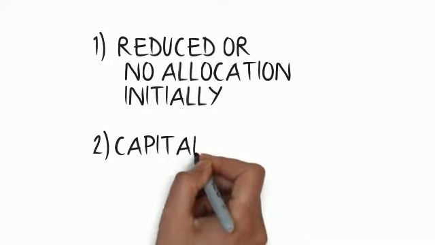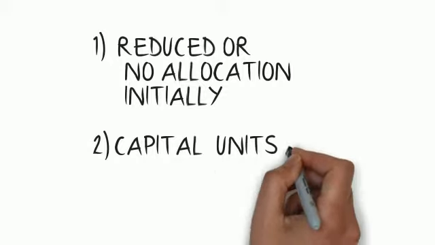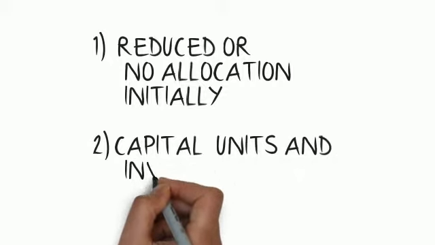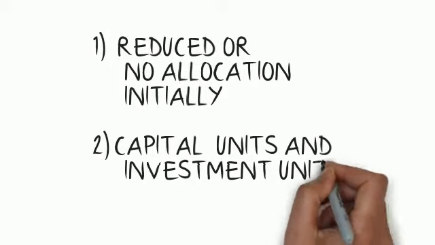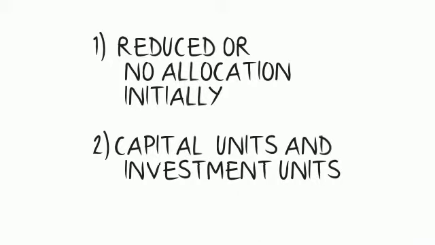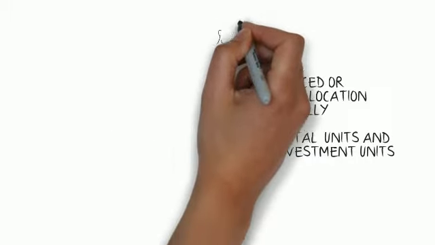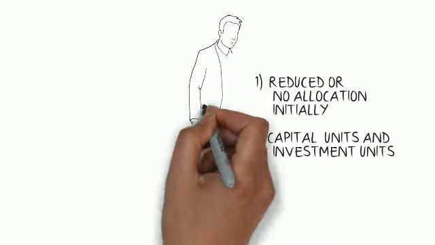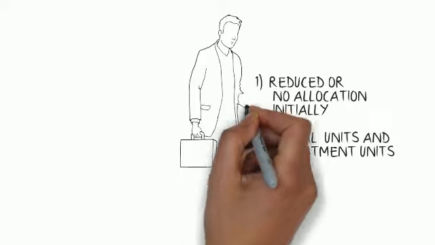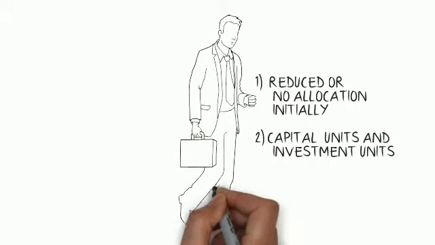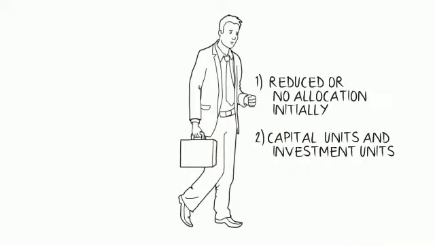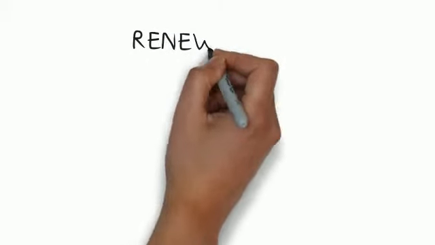So you are likely to have a very heavily reduced allocation in the first year. You are also likely to get something called capital units and investment units. That's just a sanitized way of presenting it. The gist of the matter is that not much goes to buying units in the first year.